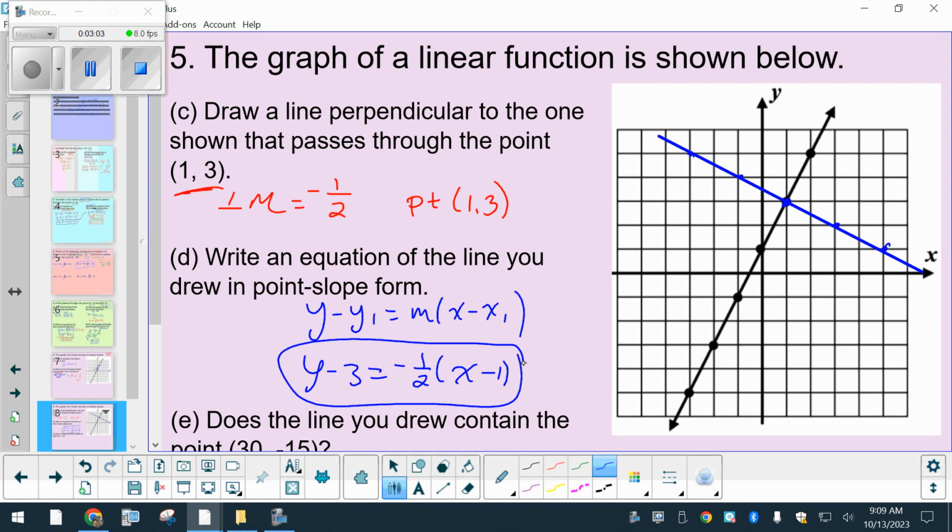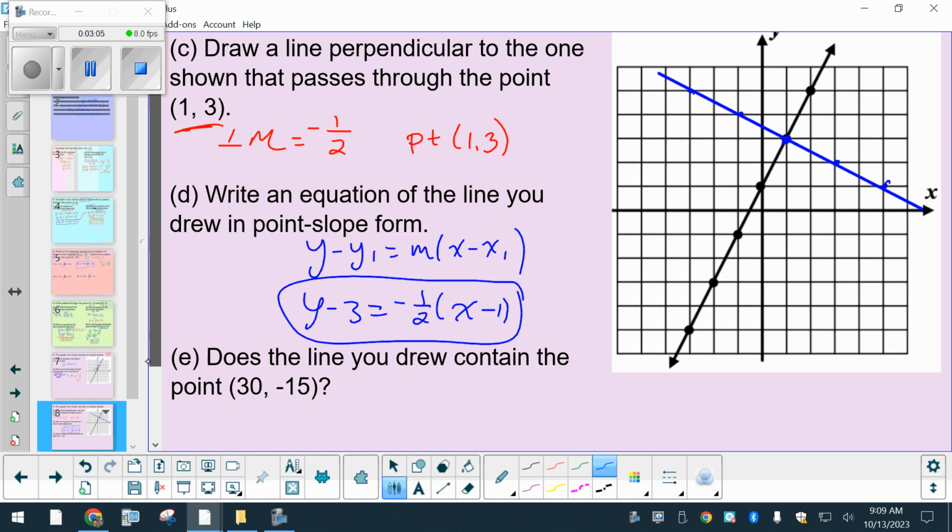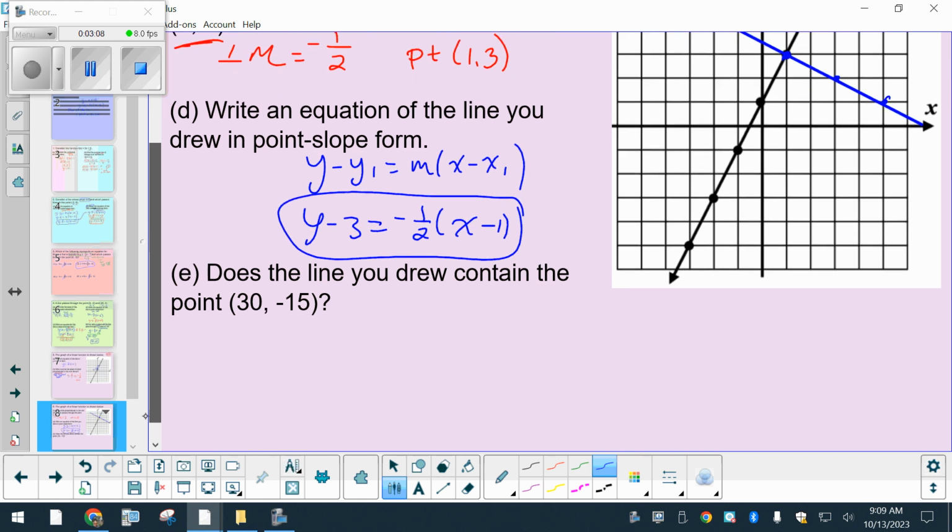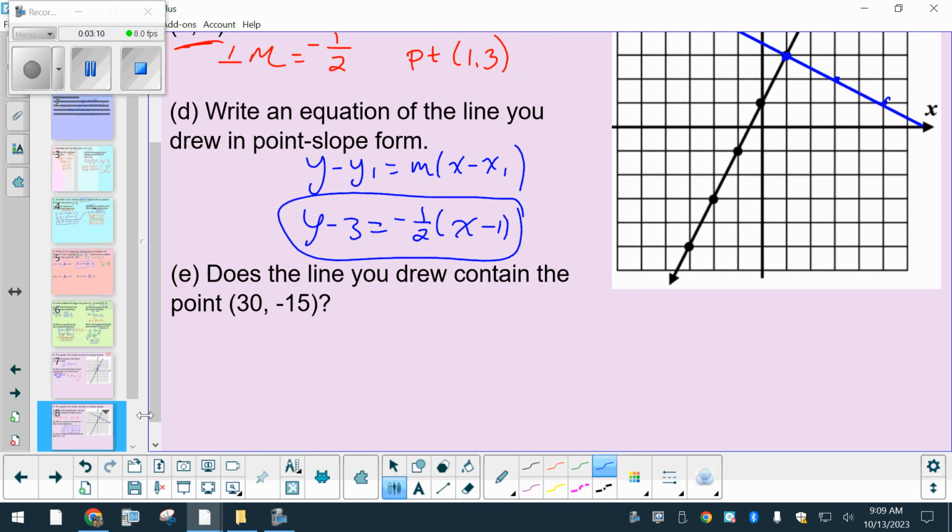So what would you do for part E? Well, we got to prove it algebraically. Plug it in, right? You'd want to plug that x and y in.